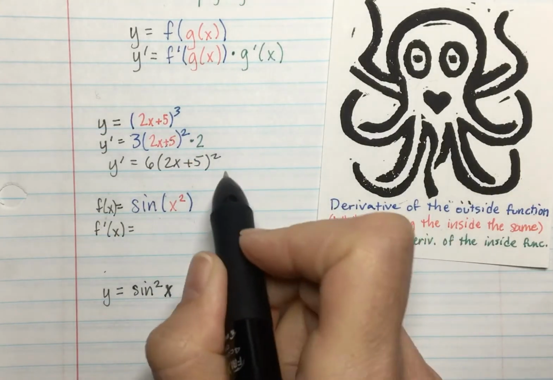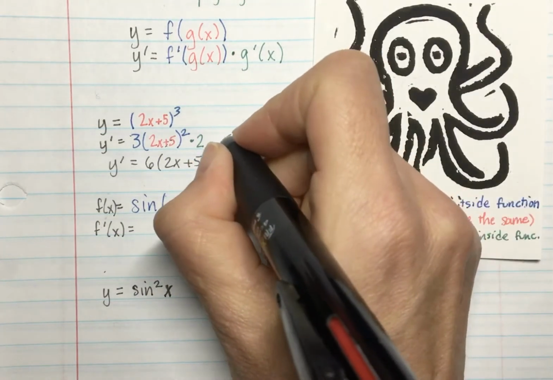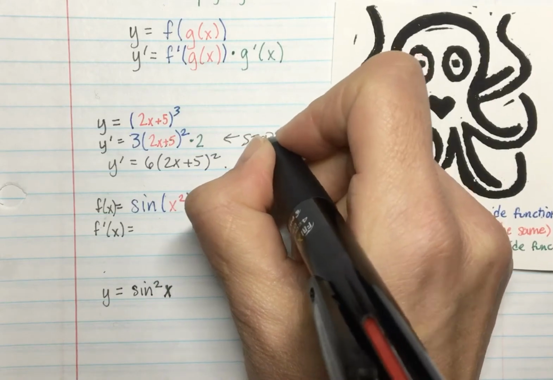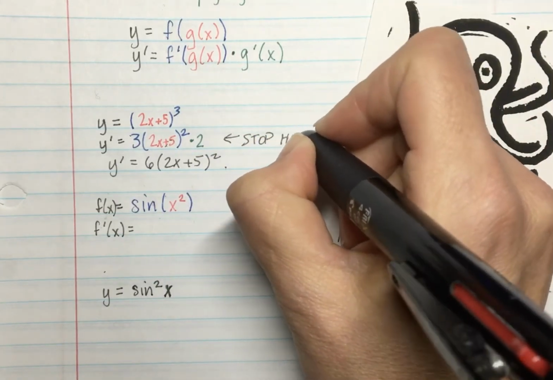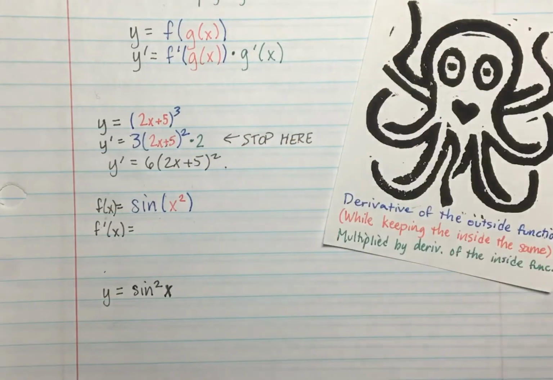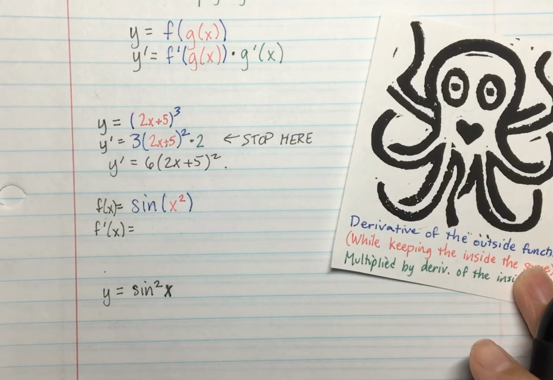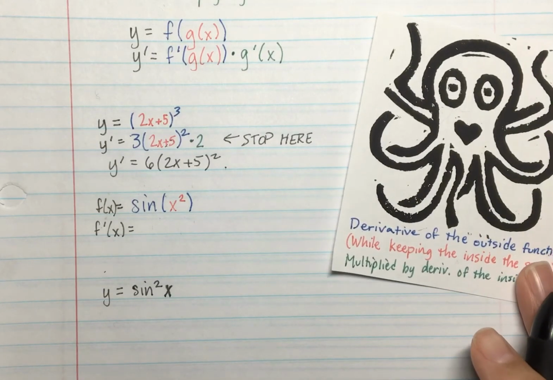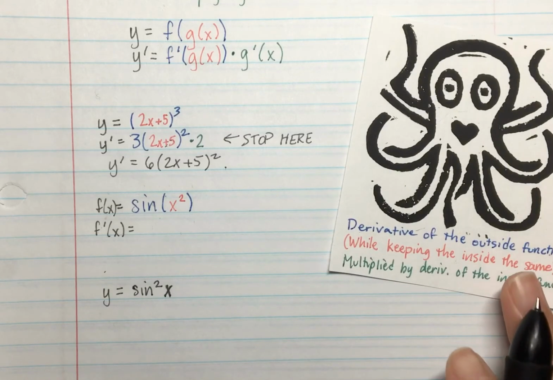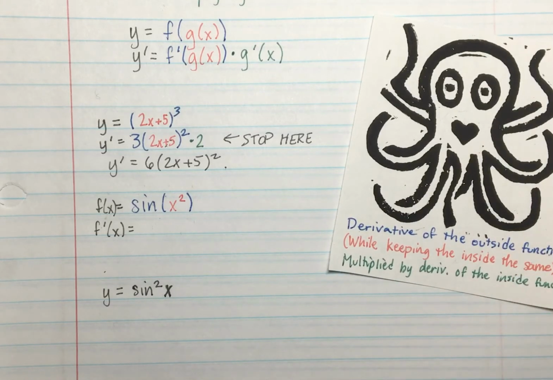We don't need to go here. Stop here. It sounds kind of weird to say not simplify things, but the reason we're not going to simplify is that this is a question of calculus, not algebra at this moment, at least.